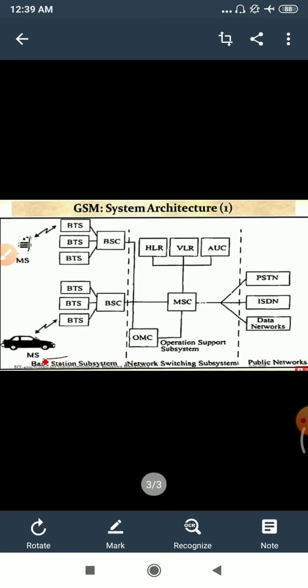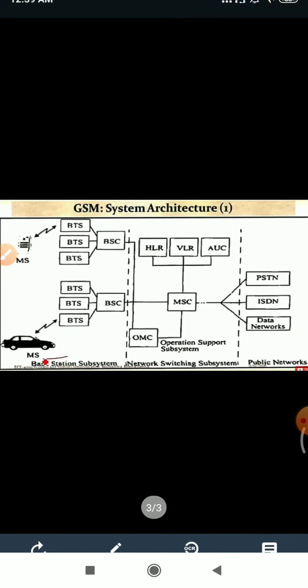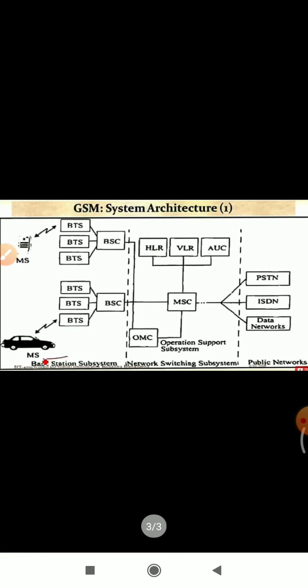So the complete database will be protected over here. Again, for each subscriber the information will be protected by some secret key. So these keys will be stored in the AUC. Again, it can protect from different types of frauds which can happen. So this will be the function of the AUC.